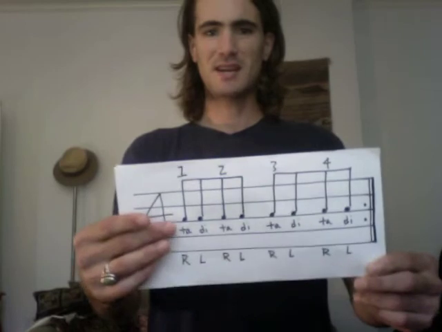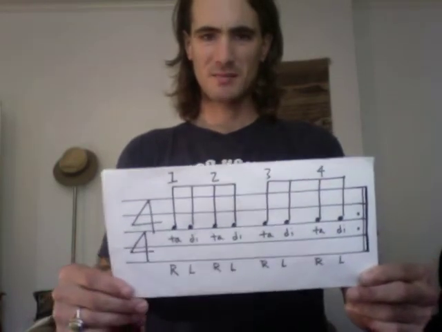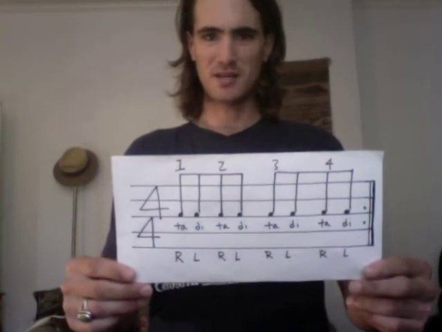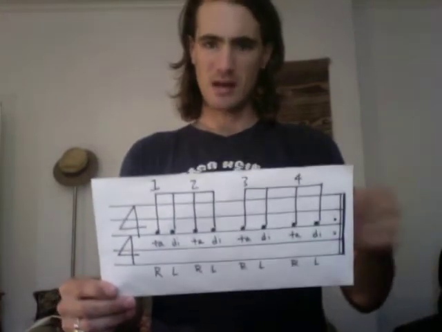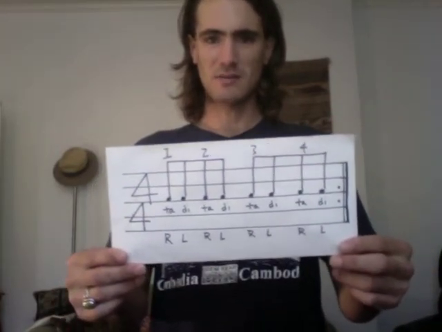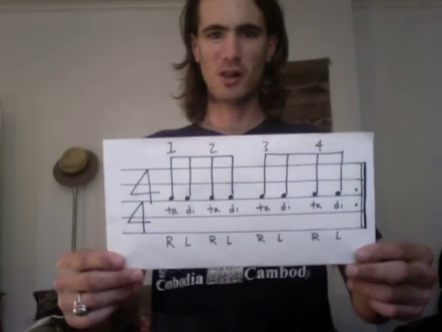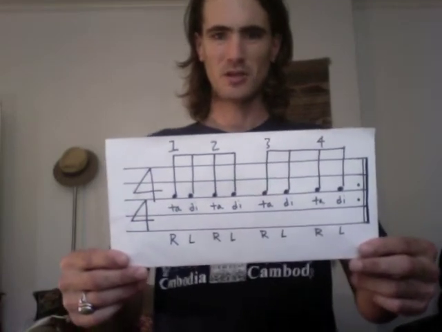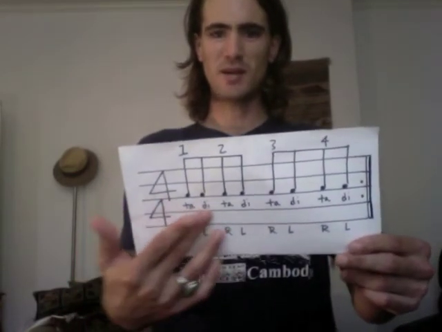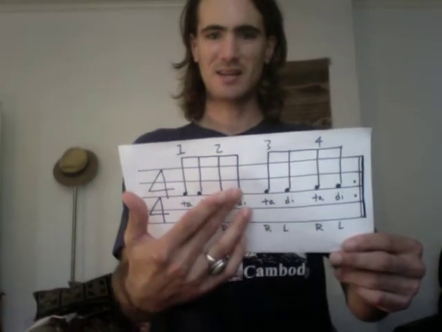The second eighth note is sometimes called the offbeat, the and so on. I went through some of those names in the last video. I'm calling it di, and that happens in between the beats, exactly in the middle.